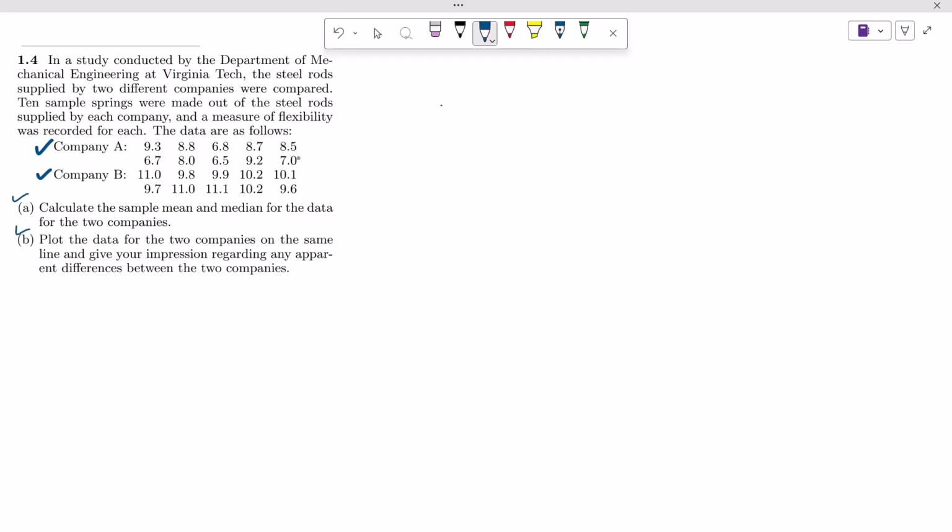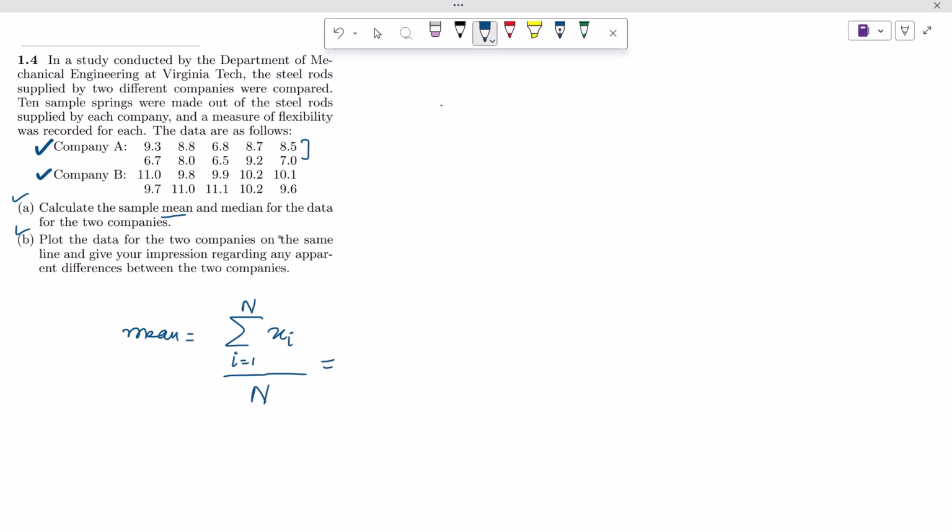Okay, so let me first sort it out. Why sorting it? In mean, we don't have to sort it. If you want to find out the mean of a data, what do you have to do? If xi are the data points where i are from the first to the last data point, we have to add them together and divide them over n, which are the total number of points.